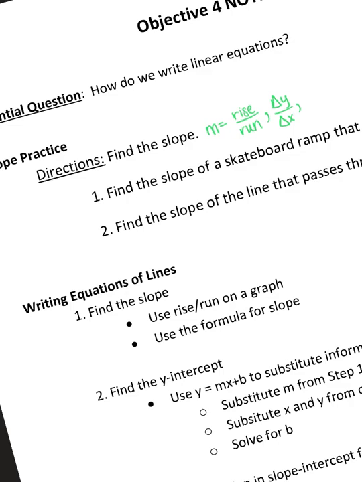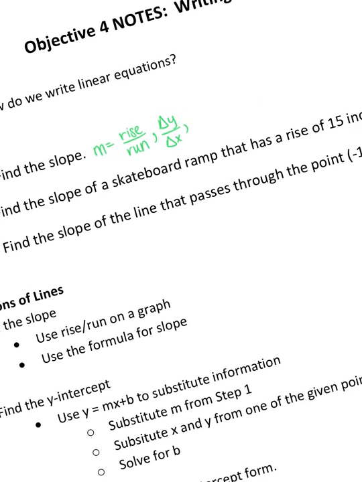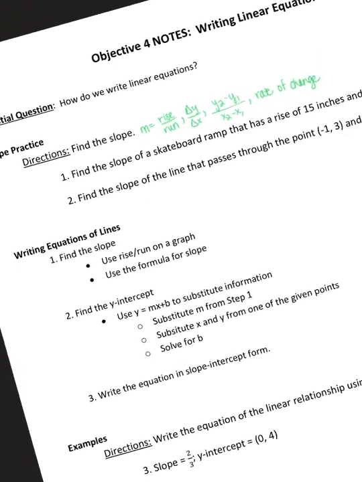It is the formula y sub 2 minus y sub 1 over x sub 2 minus x sub 1. And then slope, something that I forgot in the Objective 2 video, is that slope is also the rate of change, so how quickly something is increasing or decreasing. All of those ideas are what slope represents.